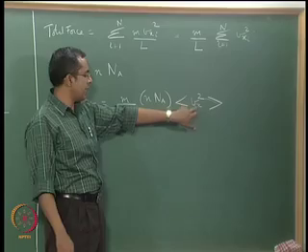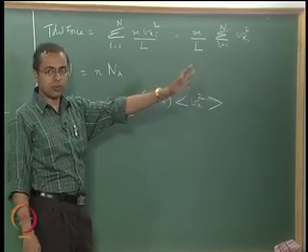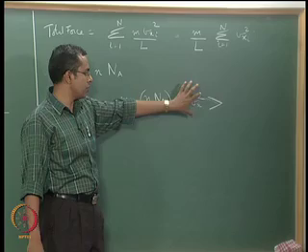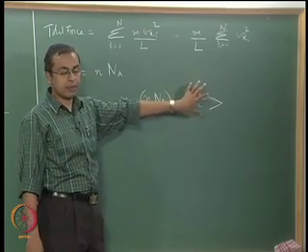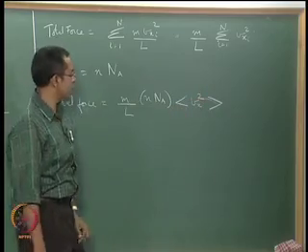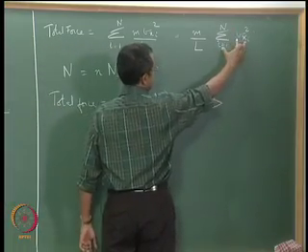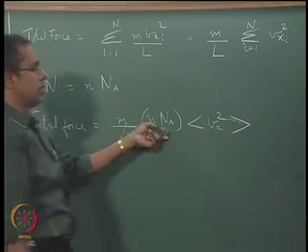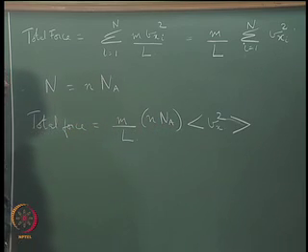So if vx1 square plus vx2 square plus vx3 square, like that up to vxN square, divided by capital N, that would be the average of the squares of the velocities. So this sum here has been replaced by the average times the total number. Sum over all the particles has been changed to the average for all the particles times the total number of particles. So this is what we get for the total force.